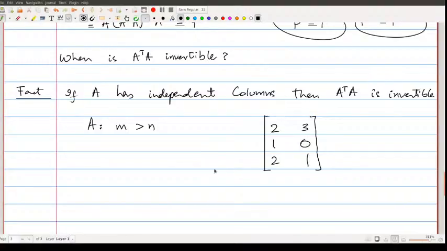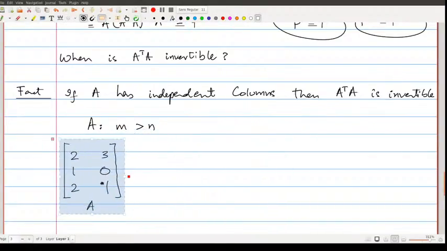I think those two columns are independent. Yeah, so this is my matrix A. And now let's look at what we get when we multiply this by A transpose A. So this is my matrix A. Let's just put it on one side. So I'm taking an example here now. Let's do this example.